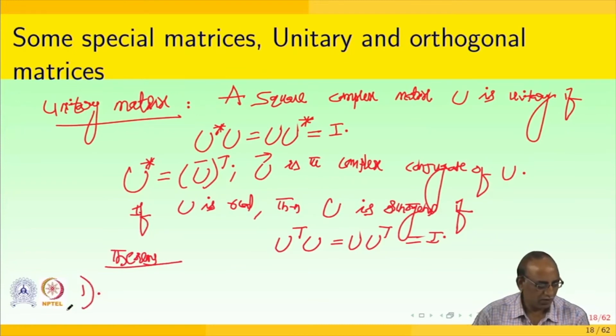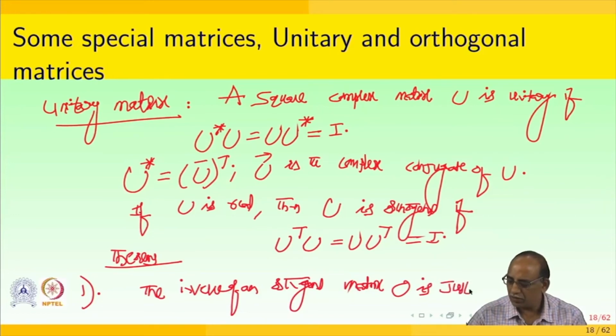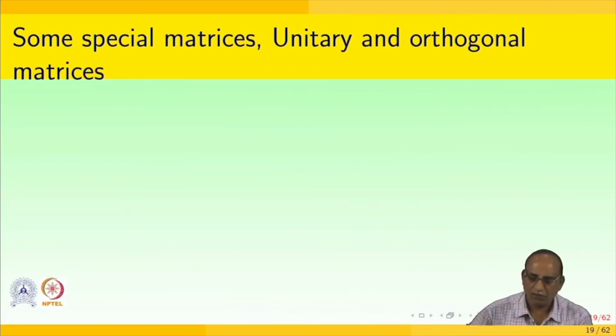If you look at one, the inverse of an orthogonal matrix O is just its transpose. That is, O inverse is equal to O transpose. Second one is the product of two orthogonal matrices.